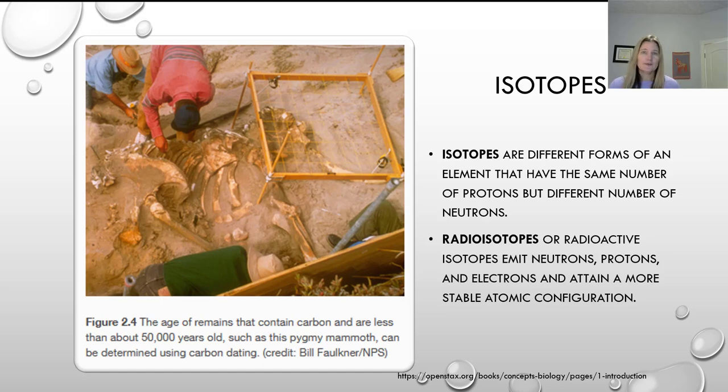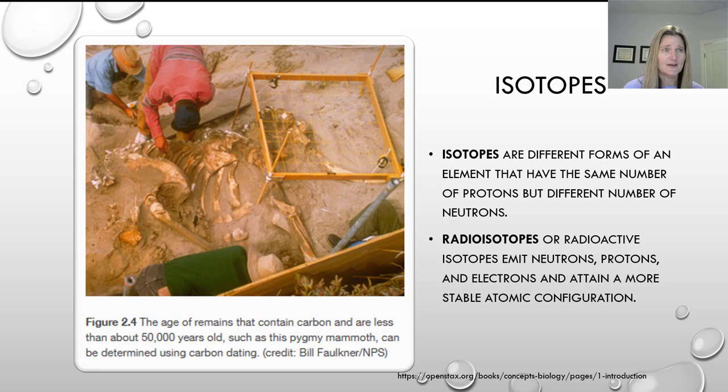So for example, carbon-14. Carbon-14 is a naturally occurring radioisotope. It's 14 in the sense that it has 6 protons like carbon-12, but it has 8 neutrons. So it has 2 extra neutrons.